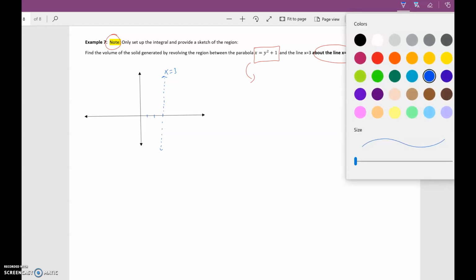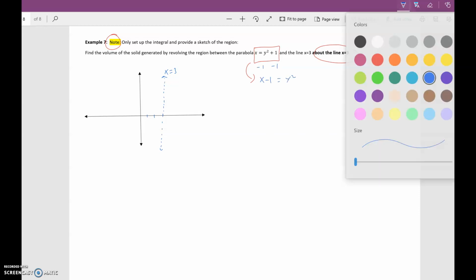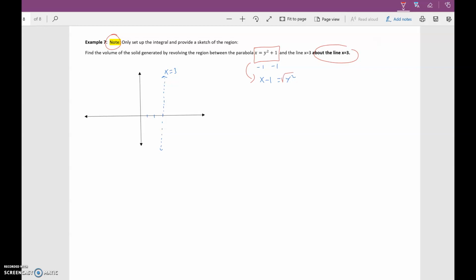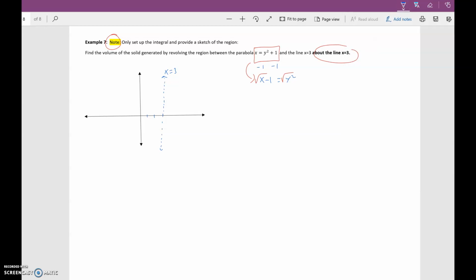So what I'm going to do is solve for y so that we have the actual region. Minus 1, and you would have x minus 1 is equal to y squared. Then taking the square root of both sides, we end up with y is equal to plus or minus the square root of x minus 1.